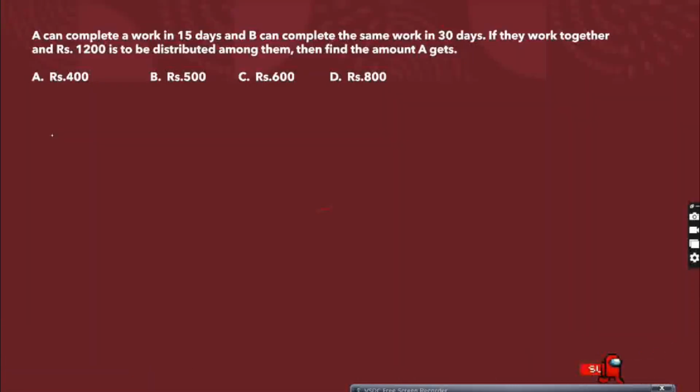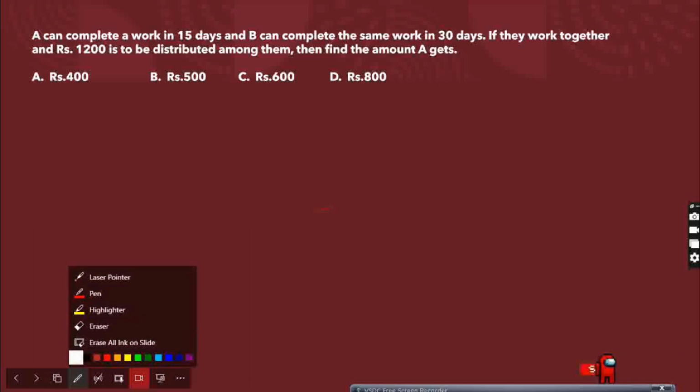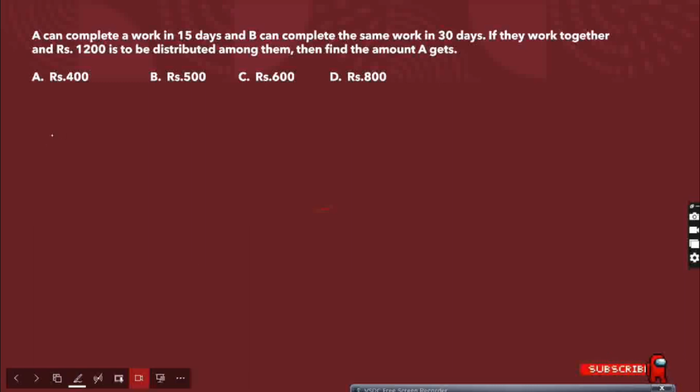Now coming to the first problem. A can complete a work in 15 days and B can complete the same work in 30 days. If they work together and rupees 1200 is distributed among them, then find the amount A gets. The question is asking for A's salary.